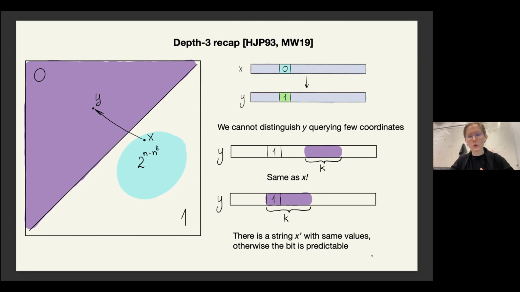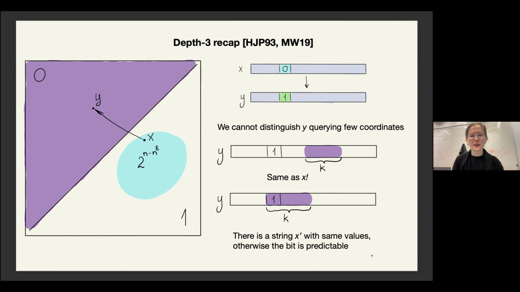So in particular, I will be able to see the substring in Y that we're querying, like this part that is in X, and this flipped bit 1, thanks to unpredictability. Because otherwise, this part that we're querying that doesn't include the flipped bit would be a certificate in X for this 0 bit.